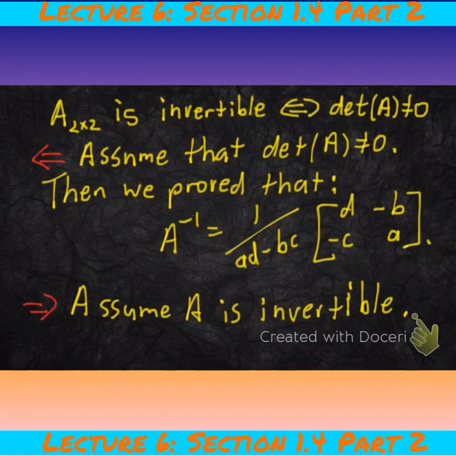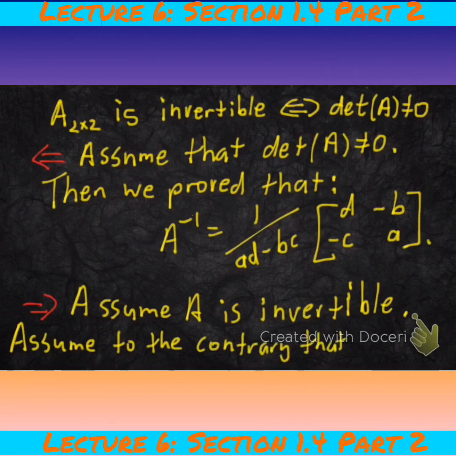So we can do this by contradiction. So assume to the contrary that the determinant of A is in fact 0.